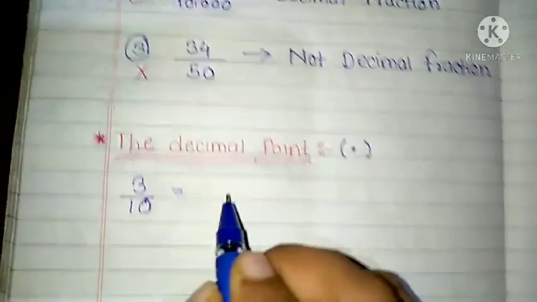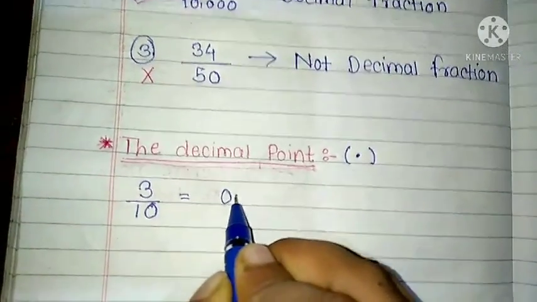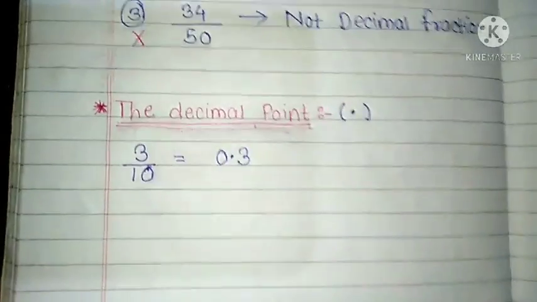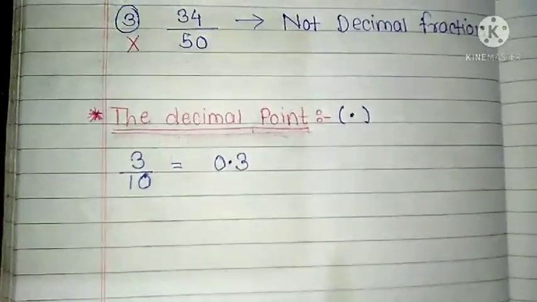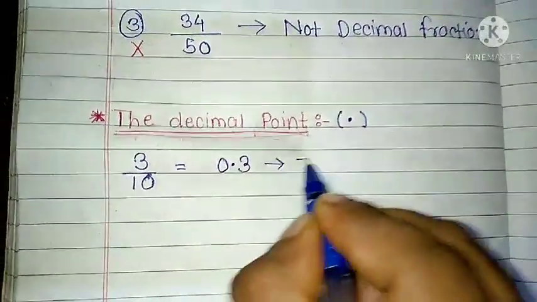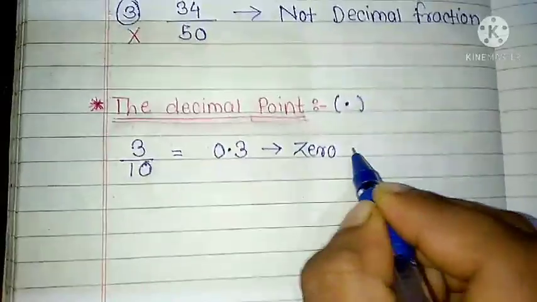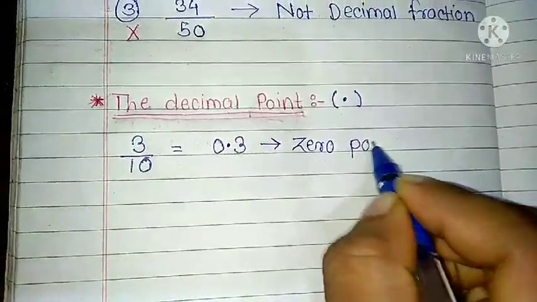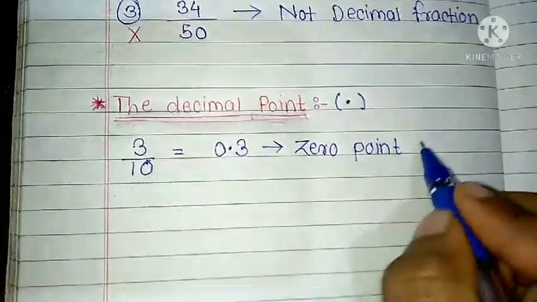So 3 upon 10 can be written as 0.3. This is read as 0, then point, and this number is 3.